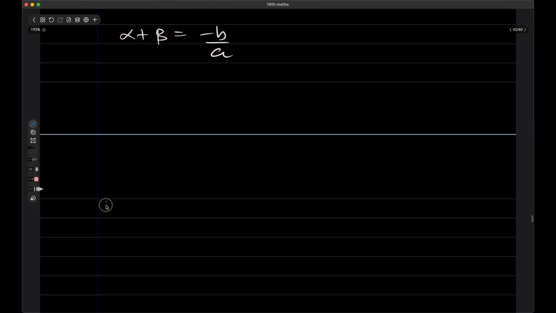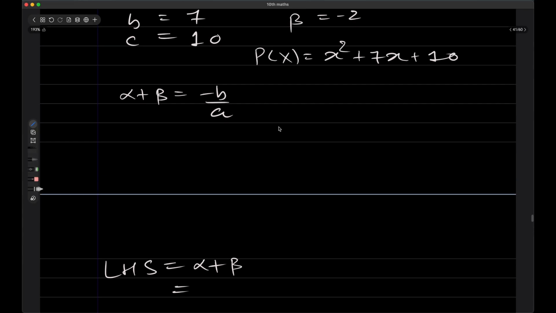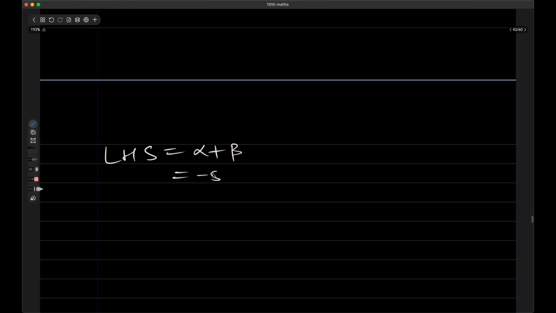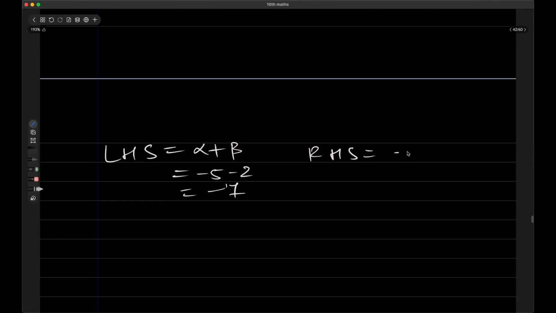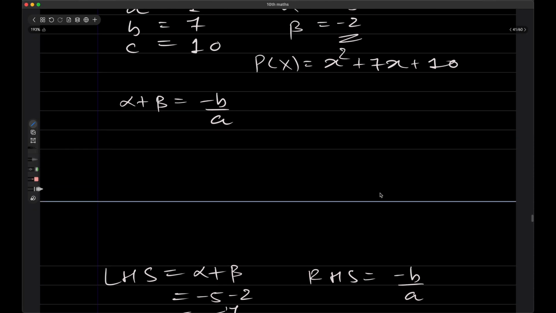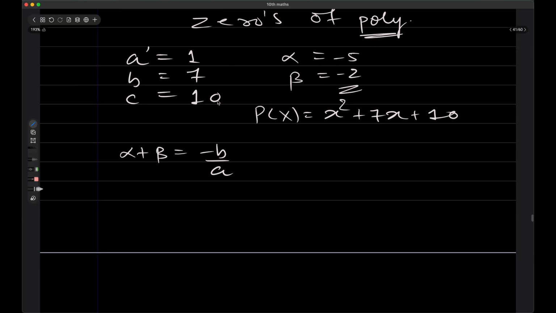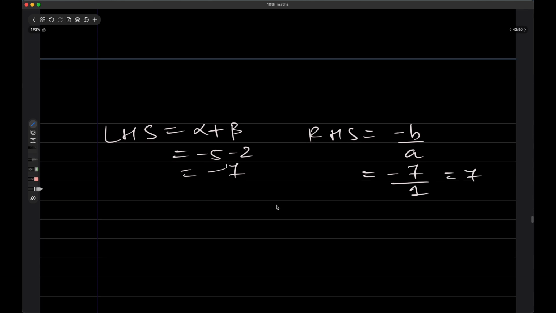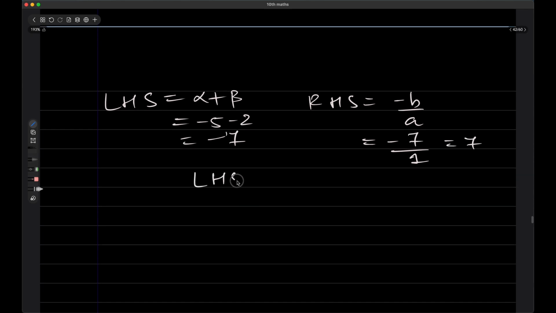We have LHS equals alpha plus beta, that is equal to minus 5 minus 2 equals minus 7, and if we see the right hand side, that is equal to minus b divided by a, and b is 7, a is 1, so we get minus b is minus 7, a is 1, that is equal to minus 7. So we have LHS equals RHS.